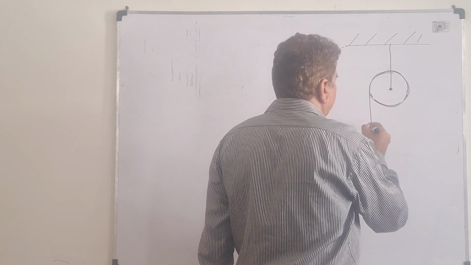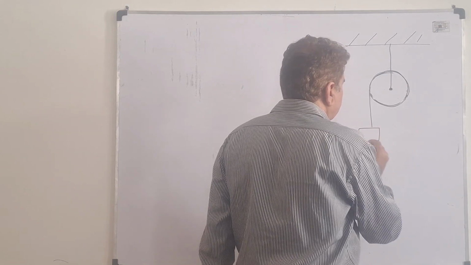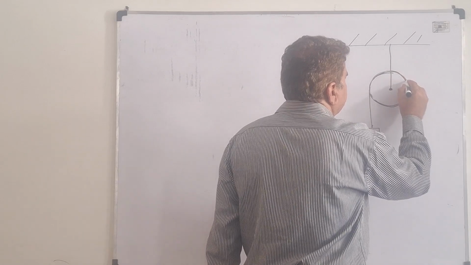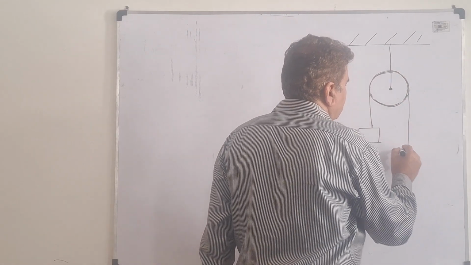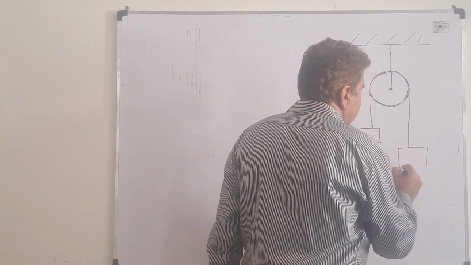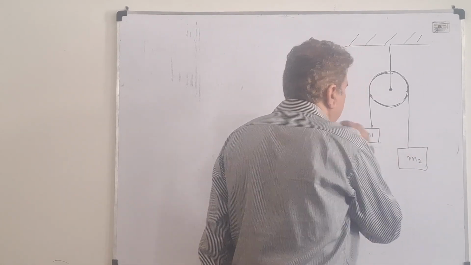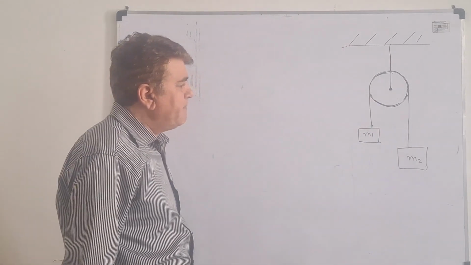An Atwood machine is a pulley hung from a support, and a string is passed over it, and two masses M2 and M1 are attached to the ends of the string.